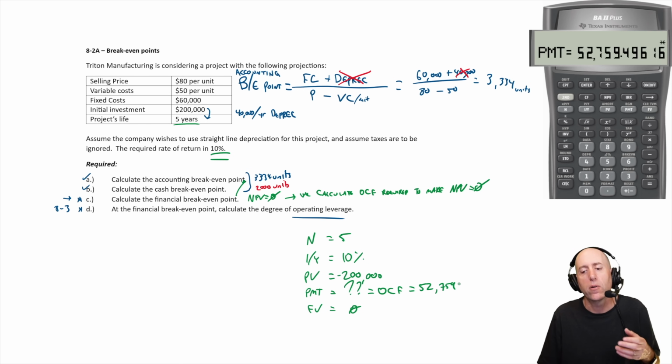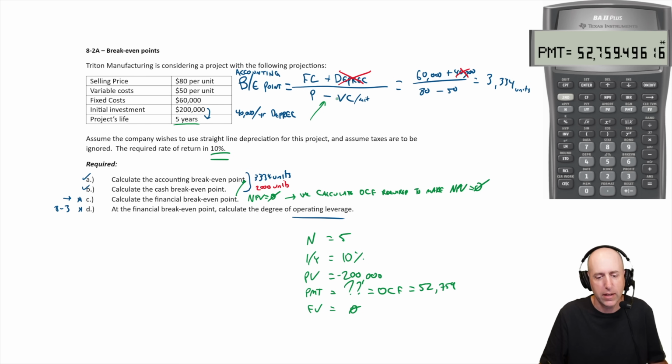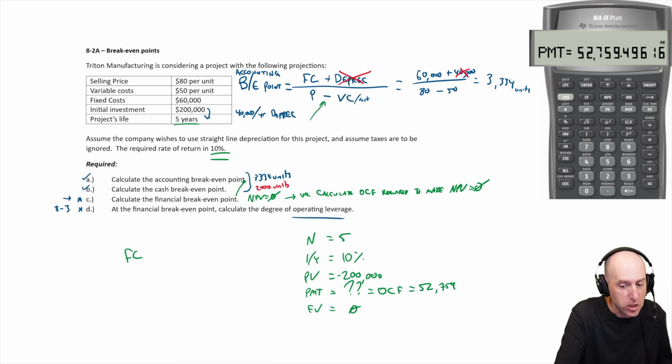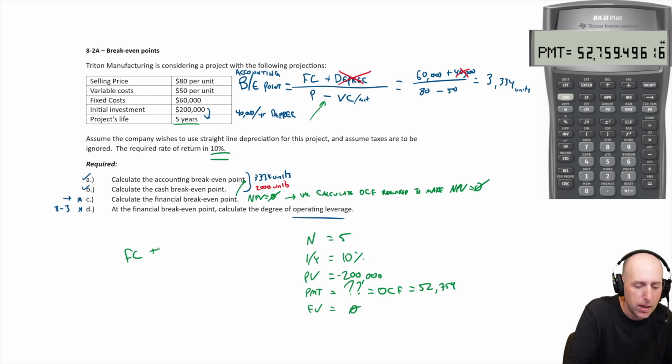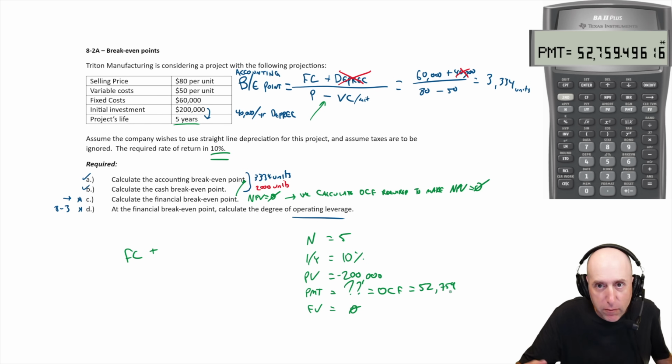Here's how you figure out the break-even point, and it's actually using a very similar formula to this. We're just using the cash components of it. So fixed costs, excluding depreciation, are cash. Depreciation is not cash, but we have to cover more than our fixed costs because I need to generate $52,759 above my fixed costs.